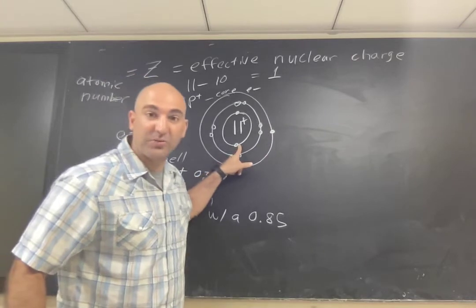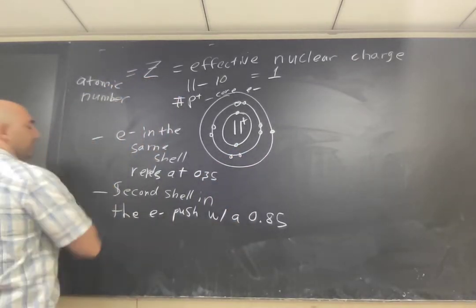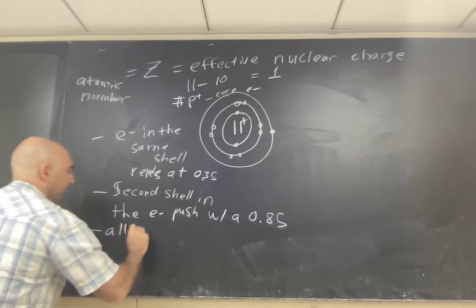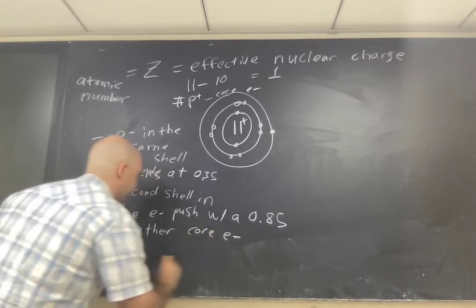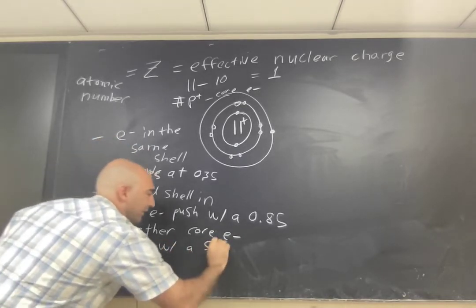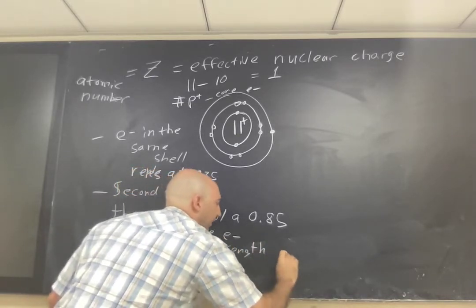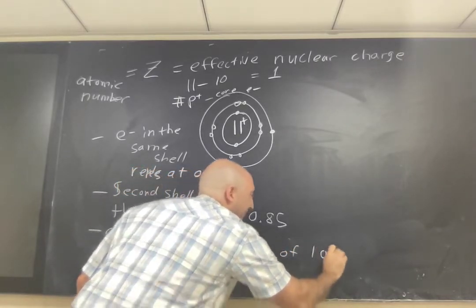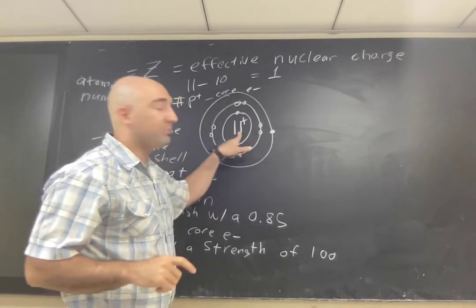These ones get a total value of 1. So you'd say all other core electrons push with a strength of 1.00. So you'd say these electrons push that electron with the same strength that these protons pull on that one.